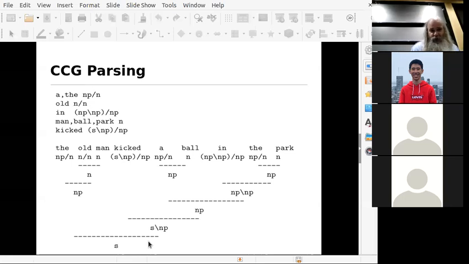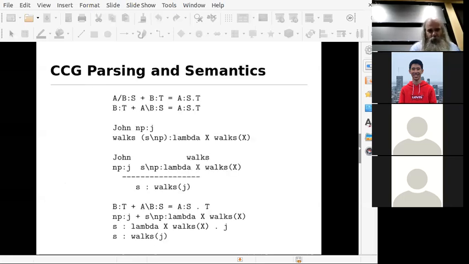Likewise, we can do this with more complex forms. But what about the semantics? Well, the semantics is almost as simple, especially as we're using lambda calculus. If we just look at John walks, we use backward application. When we do that, the semantics, in this case with forward application plus something that has some other semantics after the colon, we just lambda apply S to T and then do lambda reduction on it.